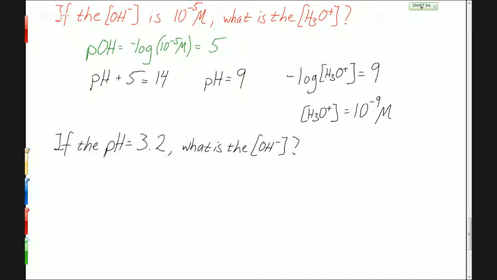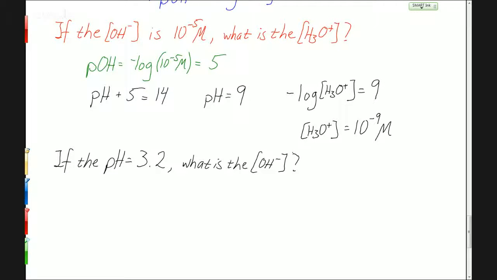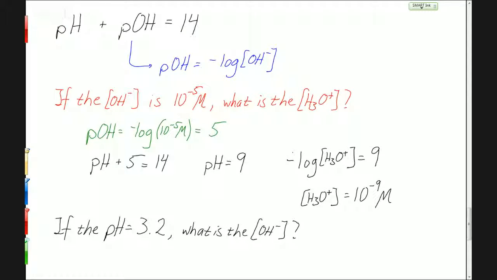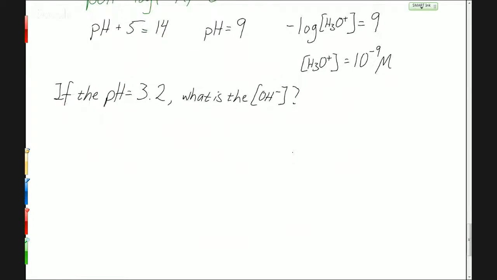So pH 3.2, what's the hydroxide ion concentration? First we have to find the pOH, and then we find the concentration from there by undoing it in the same way. So you've got to remember that 14 number. The pH and the pOH have to add up to 14. So in this case, 3.2 plus the pOH has to equal 14.